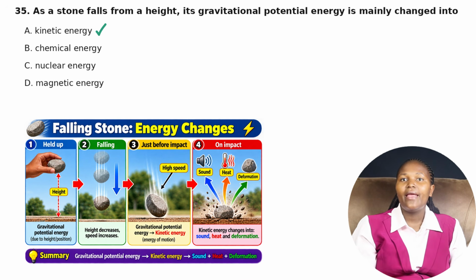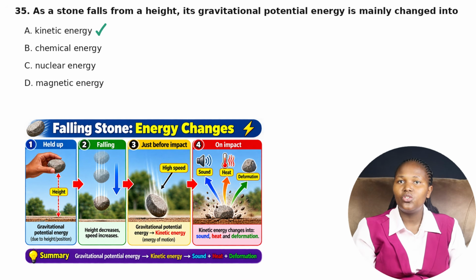and then as it falls, its height decreases and its speed increases. So gravitational potential energy is transformed mainly into kinetic energy, the energy of motion. When the stone hits the ground, some of that kinetic energy can change into sound, heat, and deformation.